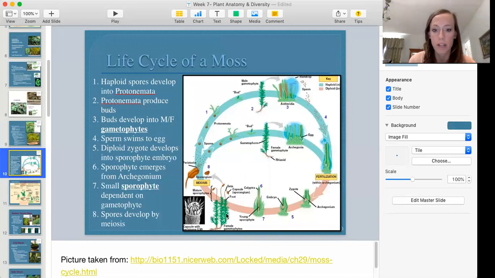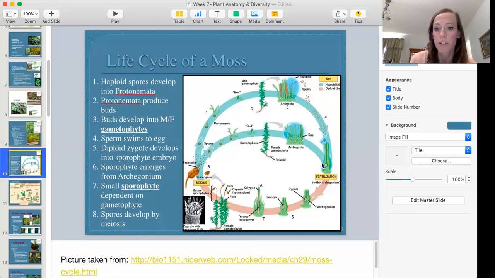You see this is the gametophyte. The female gametophyte would have, if sperm had fertilized egg, the female gametophyte would have the sporophyte growing out of it. And then within the capsule are the spores, which are then released. There are two different types leading to the male and female gametophytes, which then produce the sperm and egg, respectively.